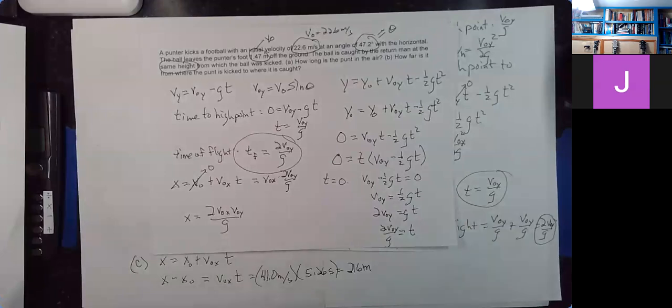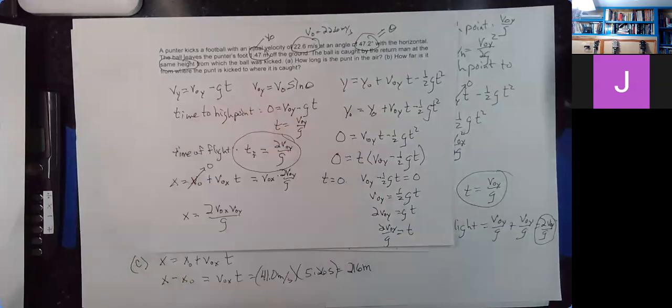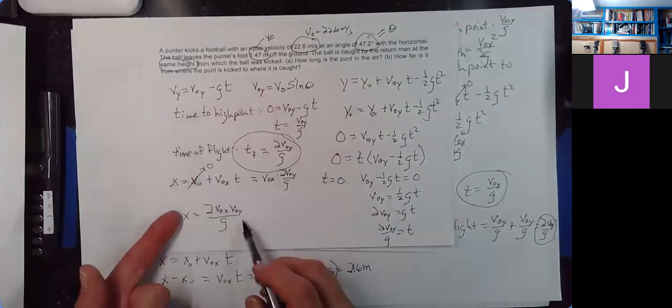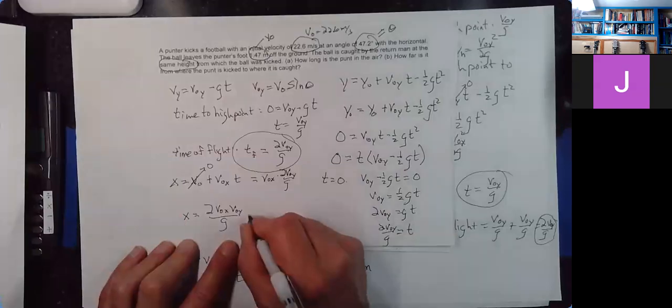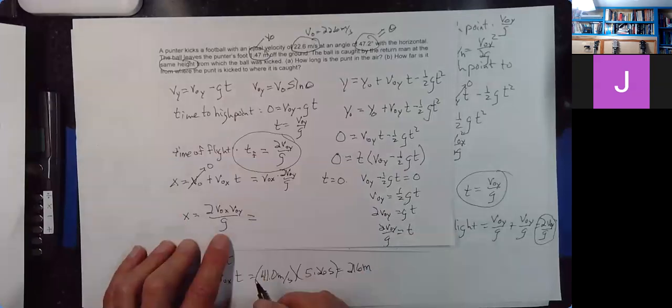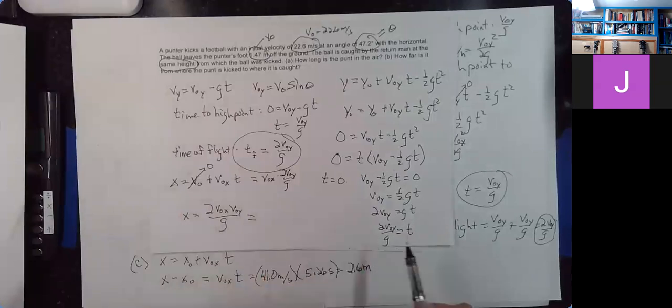Okay, finally, how far is it from where the punt is kicked to where it's caught? Well, we figured out an equation for that. Let's just stick this in here and see how far the ball goes. We could figure out the time, but this way works too.